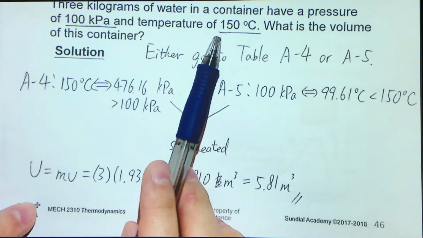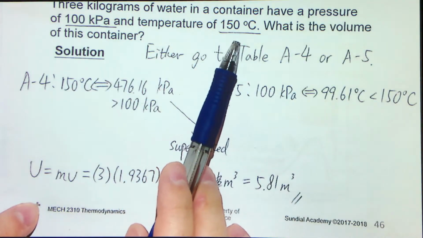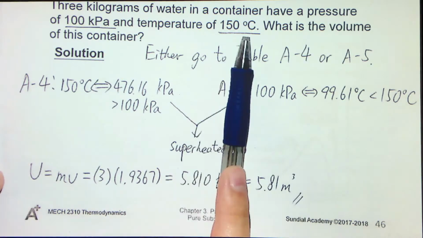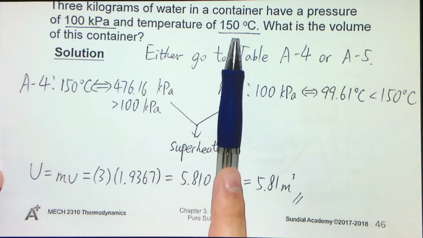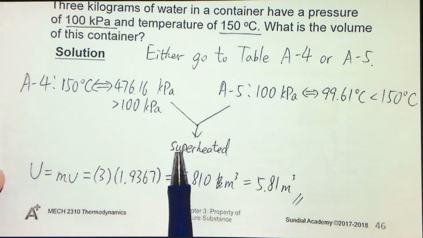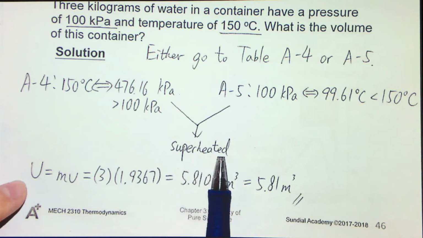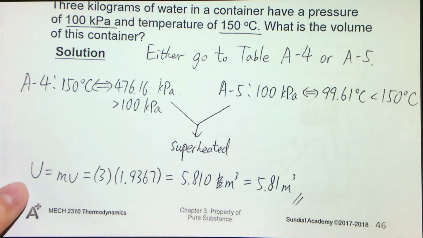Or if you have the saturation temperature, what's the pressure? And based on your understanding of the general behavior of the superheated vapor, you can conclude that it is actually a superheated vapor, based on my argument. And the argument has been stated in the video. Okay, so that's example 10.